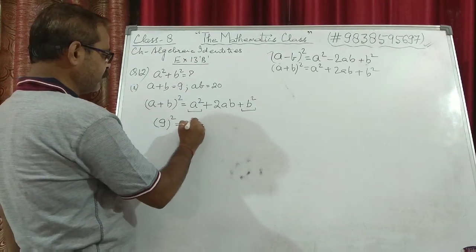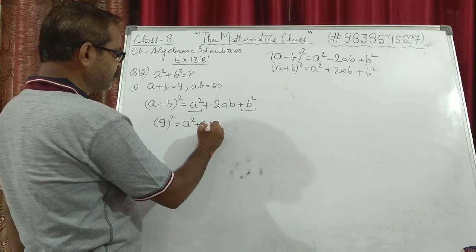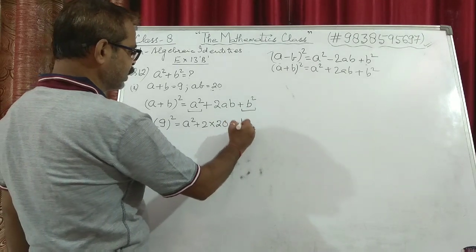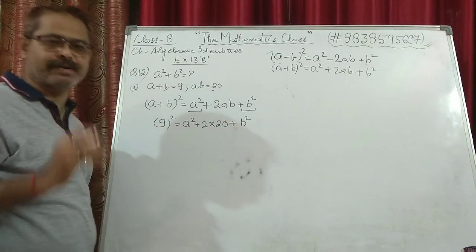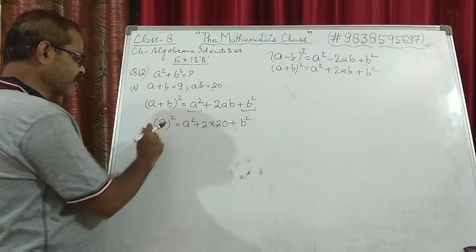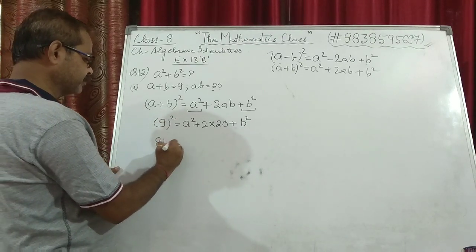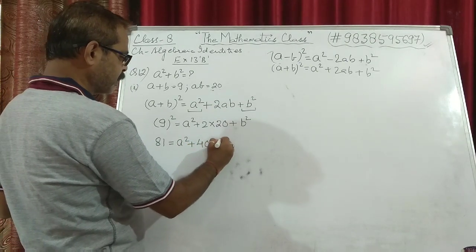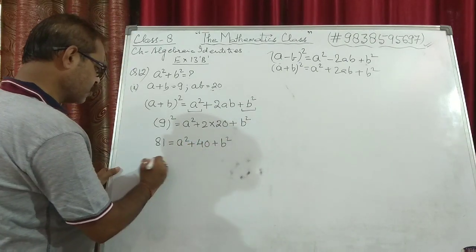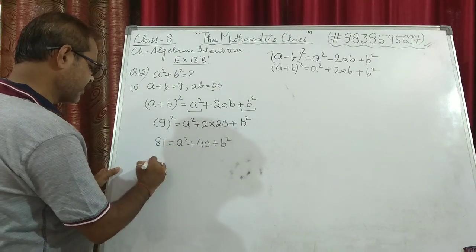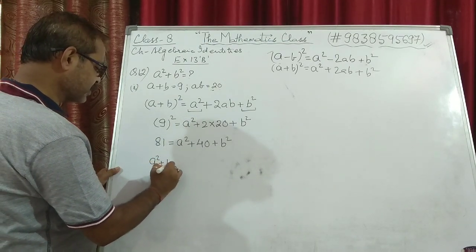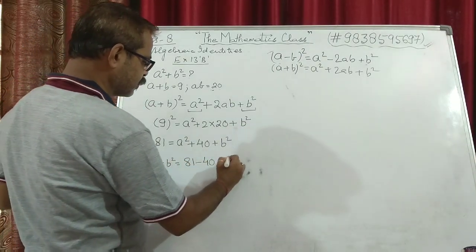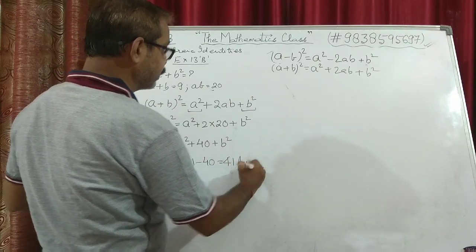Now a square plus 2 into ab, where ab is given as 20, plus b square. Simply substitute the values that are given and then solve. 9 square is 81, equal to a square plus 2 into 20, that is 40, plus b square. So this 40 comes to the other side. It means a square plus b square is equal to 81 minus 40, that is 41, the final value.